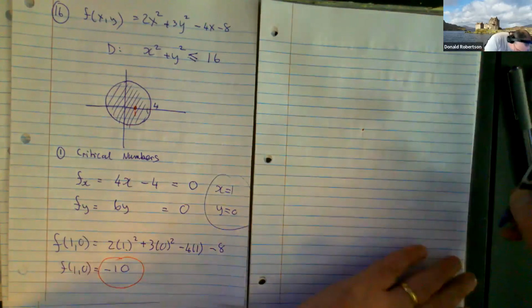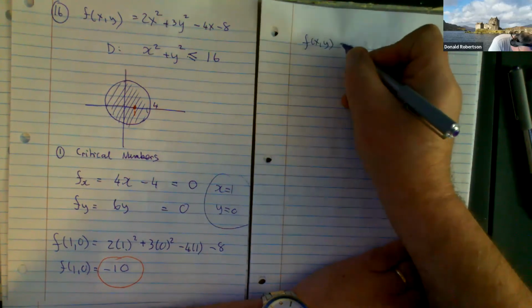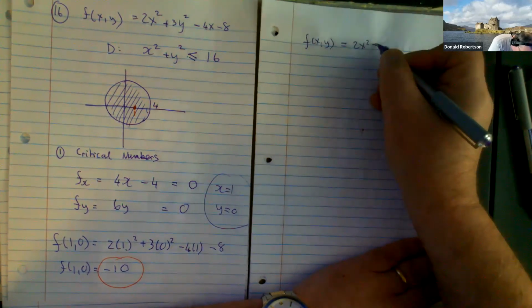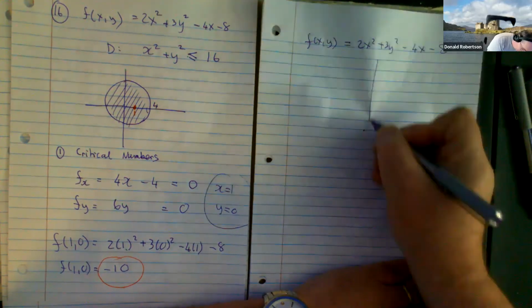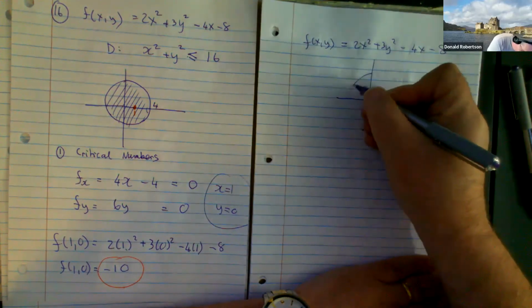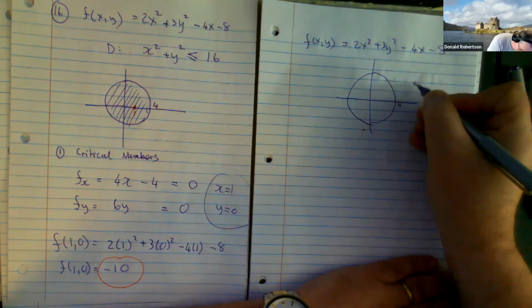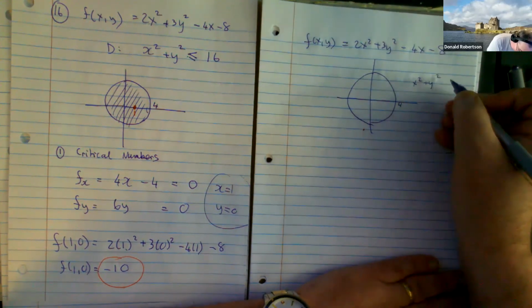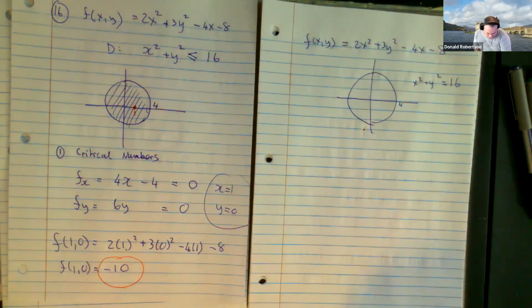I'm only interested in finding out what the max and minimum values of this function are when you're on the edge of the circle, right? The boundary of the circle. Cool.